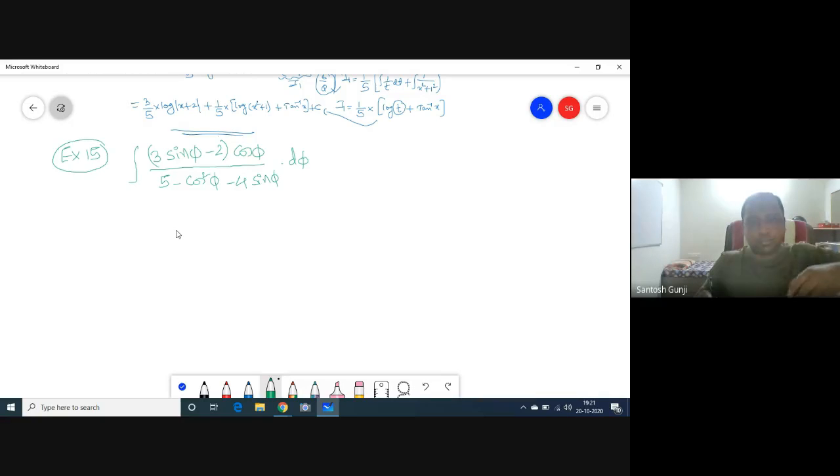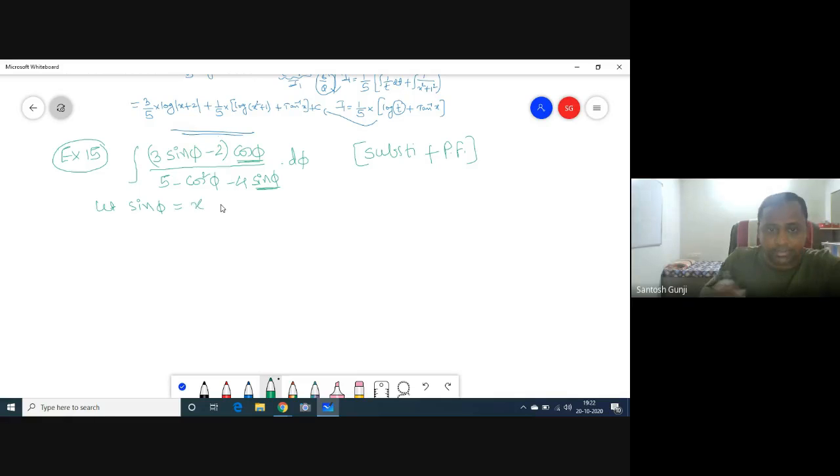So if you closely observe this question, the derivative of sine theta, which is cos theta, is available in the question. I will go with the substitution technique first. So basically this question is a combination of substitution technique plus partial fraction technique, both. So let sine phi be equal to x.